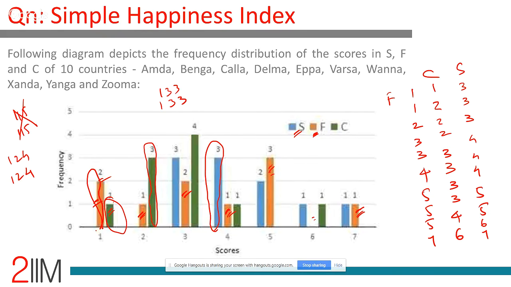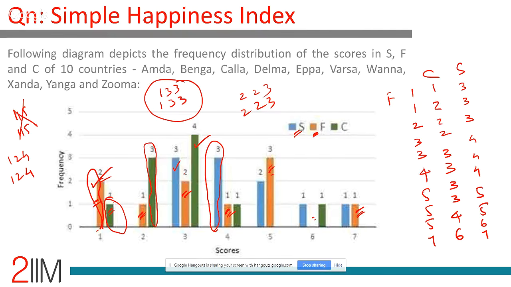They could have both got 1 in F. That is possible. That means in S and C, social support and corruption perception, they should have got 3 and 3. So in the orange box, they would have got 1 and 1, in the blue box 3 and 3, and in the green box 3 and 3. This again is possible. 133 133 is possible. Brilliant. Now let's think about 223 223.